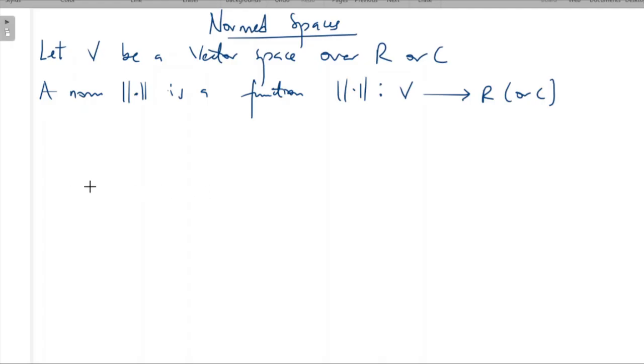A norm is a function that takes V to R, for all x and y that are members of V.